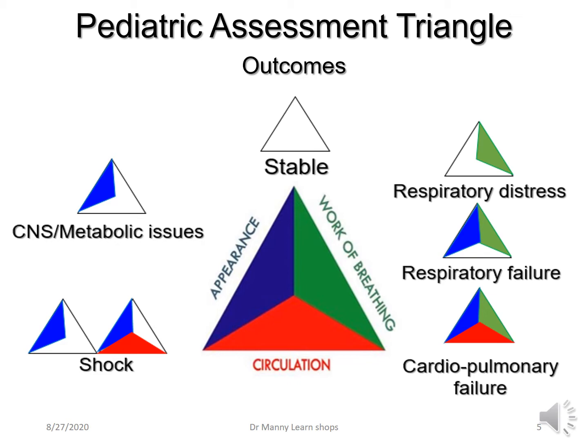Then you've got the right side to do with the appearance. This could deal with central nervous system issues, neurological, or metabolic issues. You've got the right side, which deals with work of breathing. This could be respiratory distress or respiratory failure. You can have a combination then with respiratory failure.